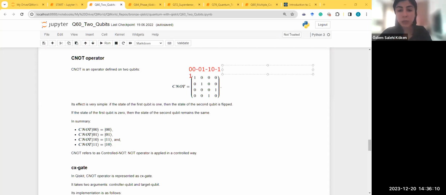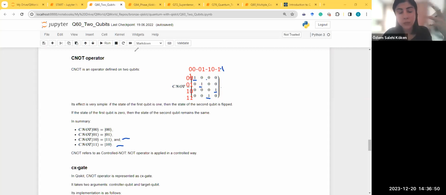And here on the left, this is what we have: 00, 01, 10, 11. And now, if you see a 1, this means 00 is mapped to 00. 01 is mapped to 01. Now, there is something here. 10 is mapped to 11 here. And 11 is mapped to 10 here.